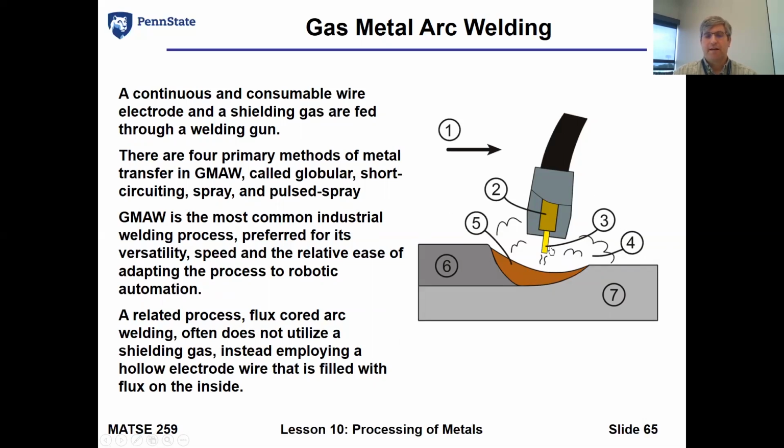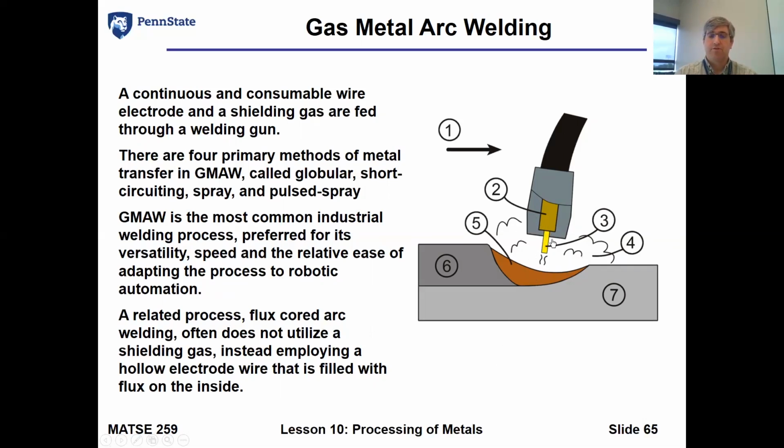Spray comes off as small beads. It's almost like a spray of an aerosol process. It's the most common one that you see. And for filler metal, companies like Lincoln Electric, ESAB, Arcos, different companies that you may run into that sell filler metal, this is their bread and butter. A related process is flux core arc welding.